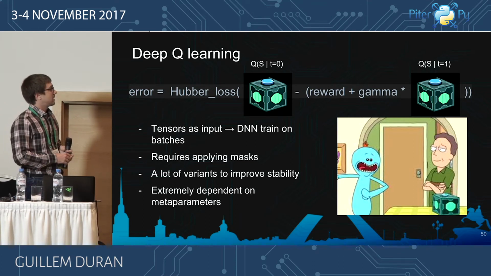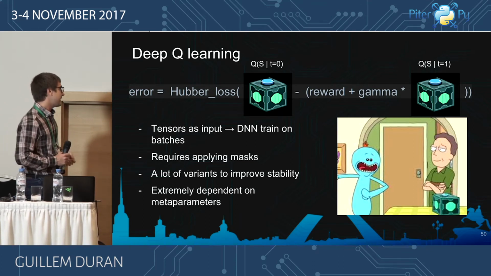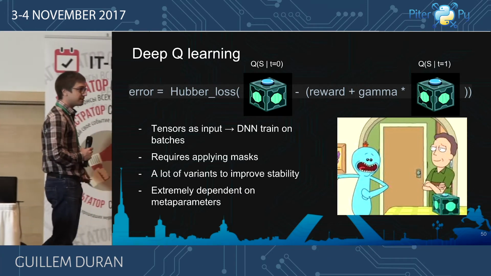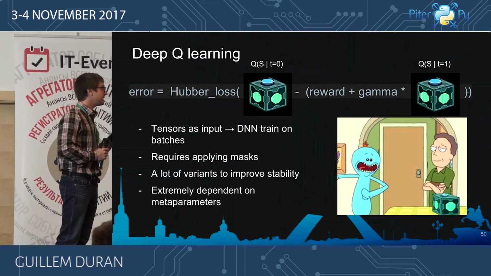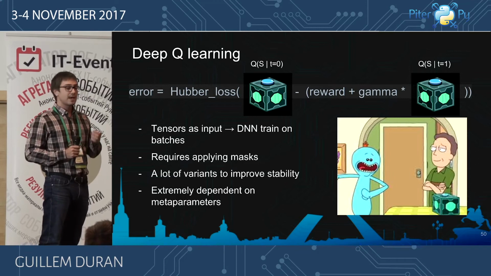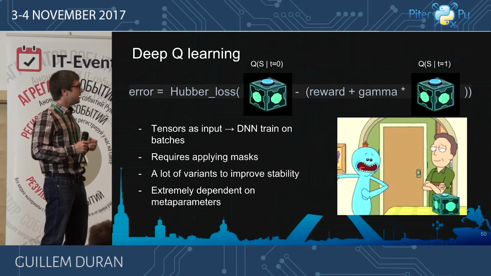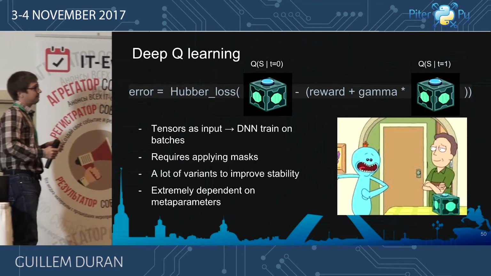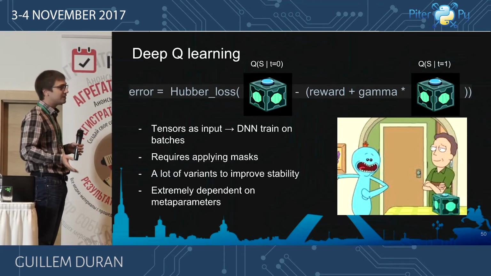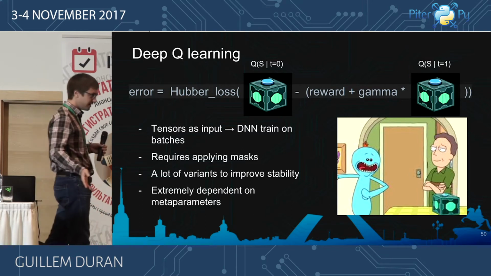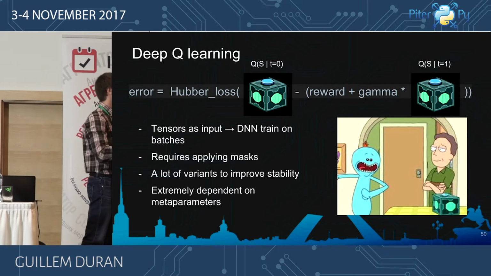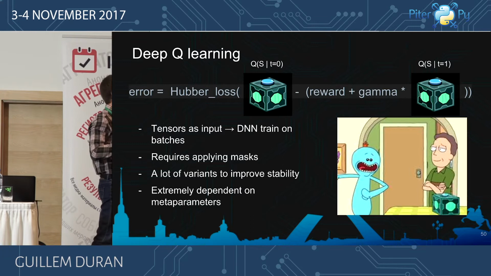What also happens is that it's increasing your complexity. I mean, now you have to work with tensors, you need to define a training strategy, make batches, and blah, blah, blah. And also there are like 20 different variants of deep Q-learning, each one doing things a bit different.